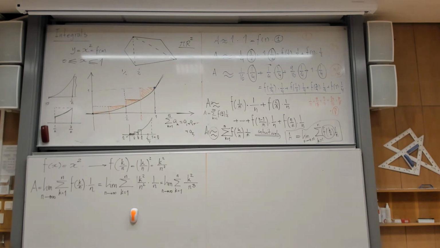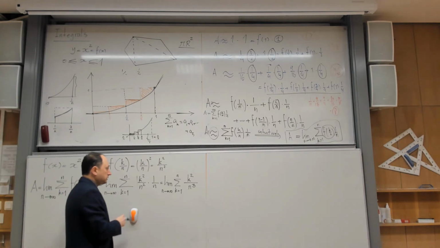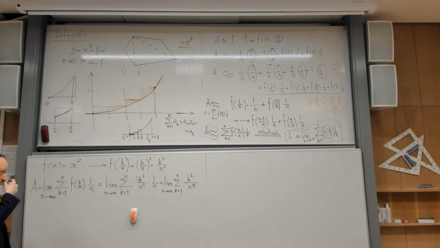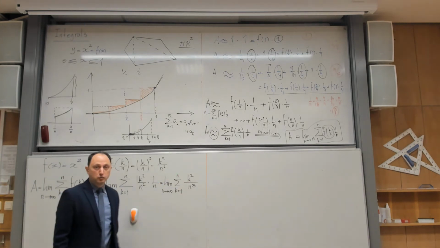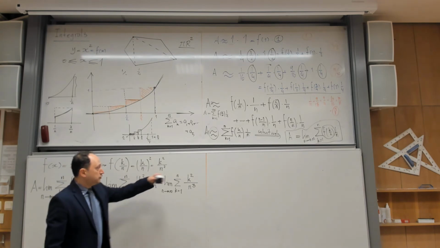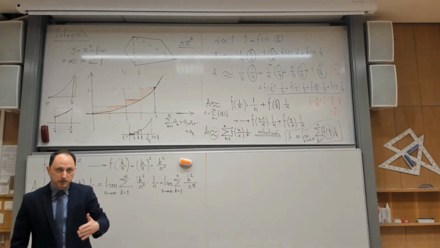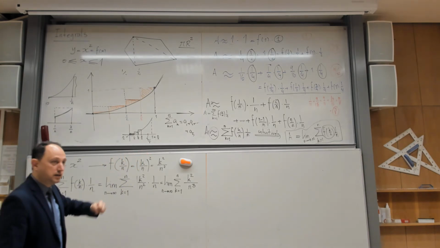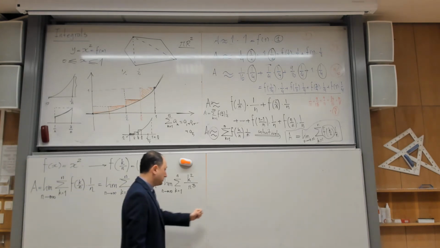Okay, so it seems that we are stuck, yes? Because we have to calculate this sum, but we don't have any formula for that. I just want you to feel the practical obstacles in front of you if you want to use this crude model, and then you will appreciate the work of Newton much more, yes?